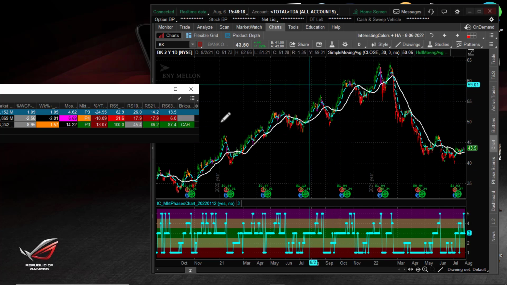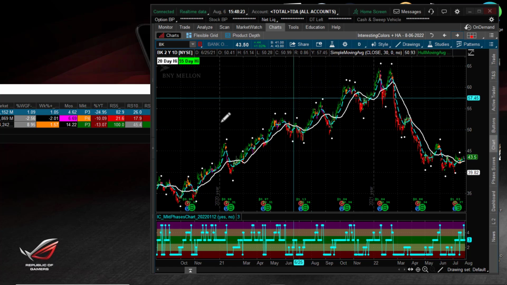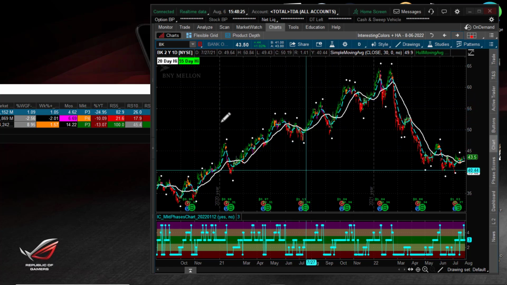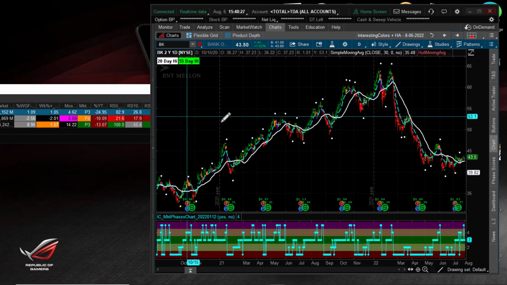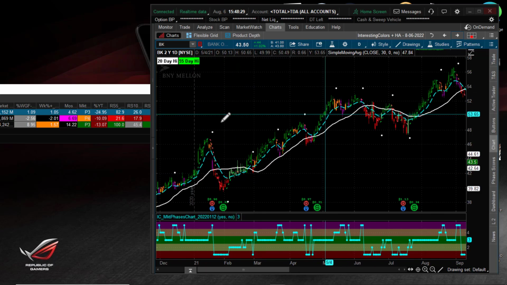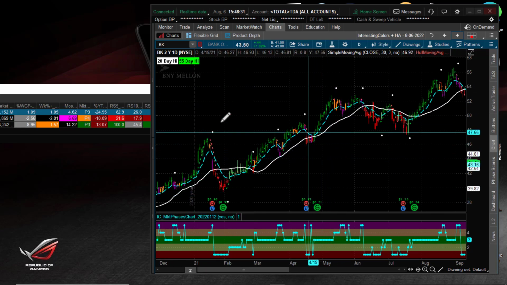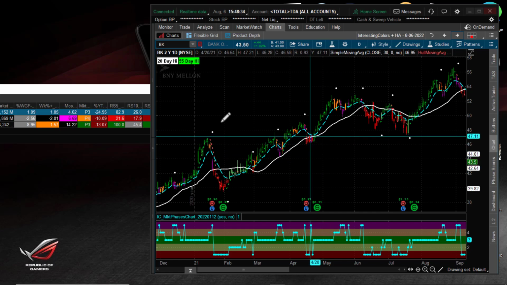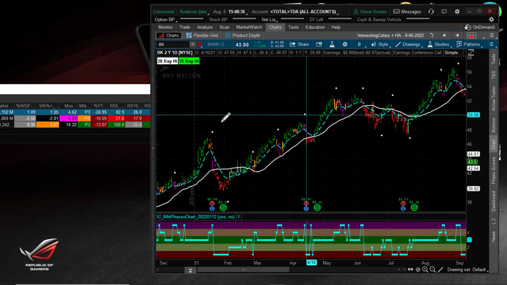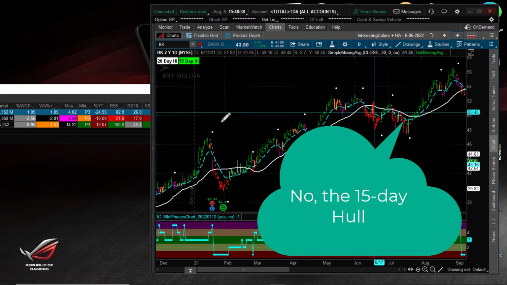support and resistance. And I've added on this next chart my white dots. The white dots basically refer to where the 15-day EMA is changing direction.